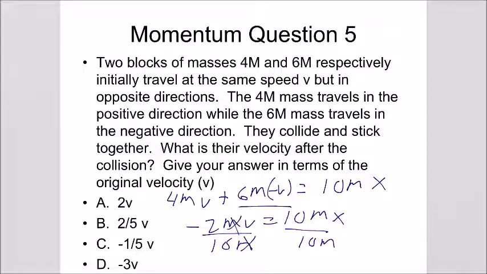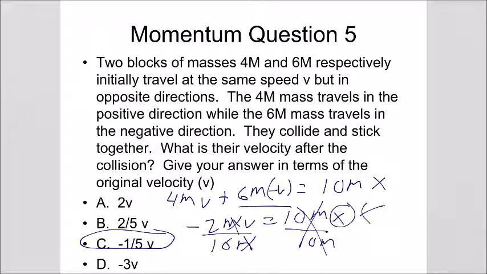We get negative 2/10 times v is equal to x. X is what we're looking for, the final velocity of the combined masses. We could simplify that fraction and get negative 1/5 v is equal to the final velocity of our combined masses. So on number 5, answer C is our correct answer.